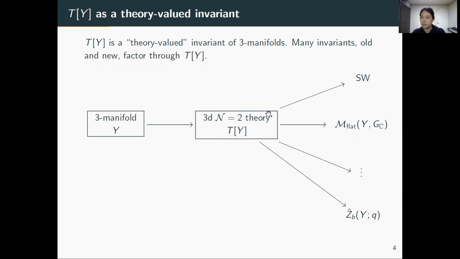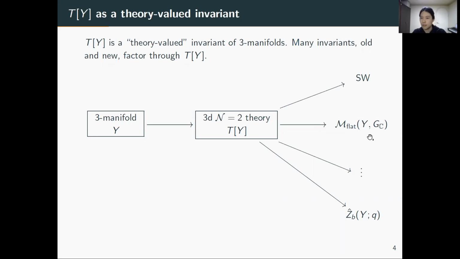And we can put this on various backgrounds, various three-manifolds, and you can choose various gauge groups and so on. So for instance, if we use the U(1|1) supergroup as our gauge group, then it is known that the corresponding partition function we get is related to the Reidemeister-Ray-Singer torsion of three-manifolds.